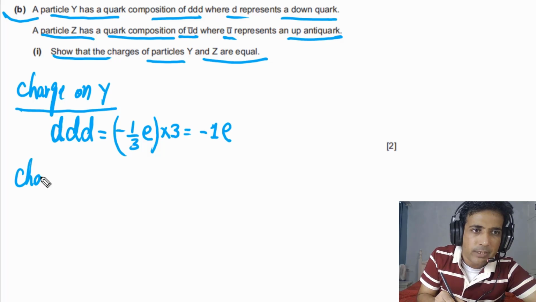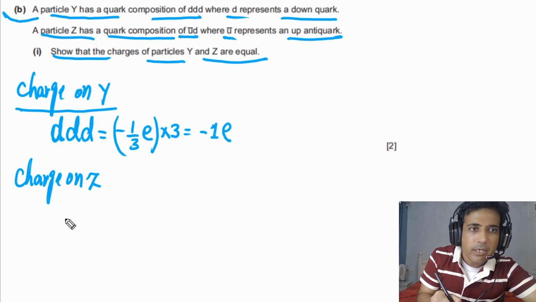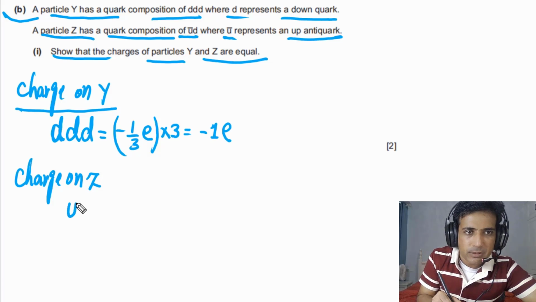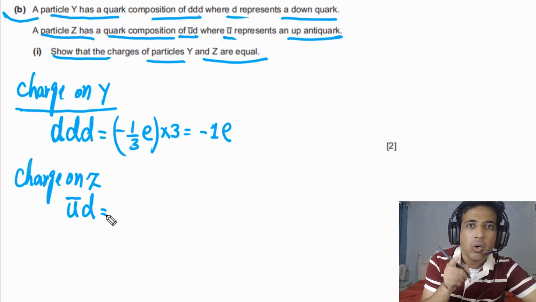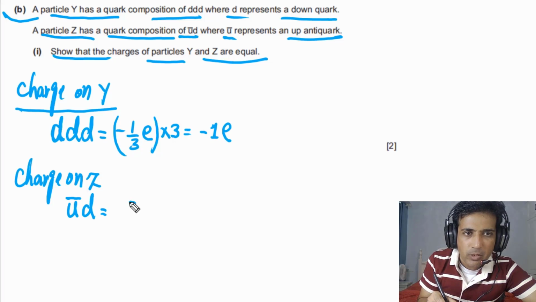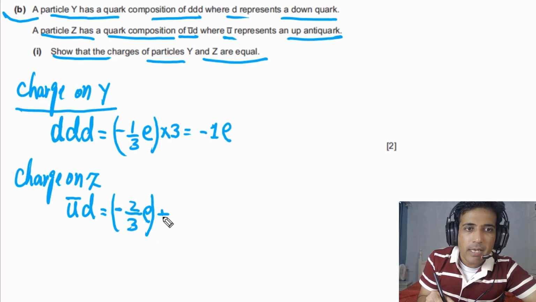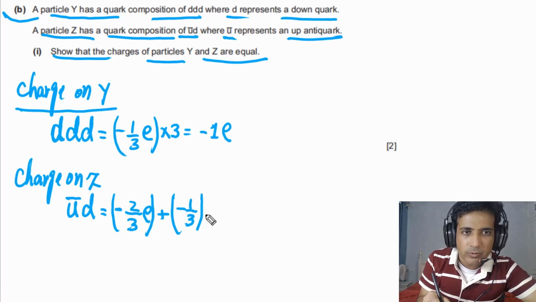We can also find the charge on Z. The quark composition of Z is 1 up antiquark and 1 down quark. Now we need to understand the charge on the up quark. The charge on an up quark is 2 by 3 e, but this is an up antiquark, so it has the opposite charge, meaning it is negative, and the down quark has charge negative 1 over 3 e.